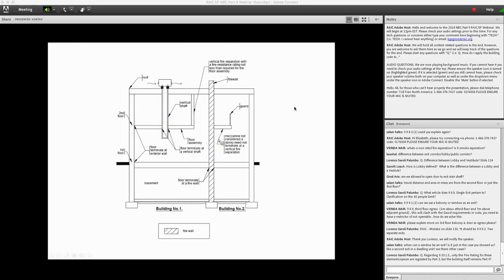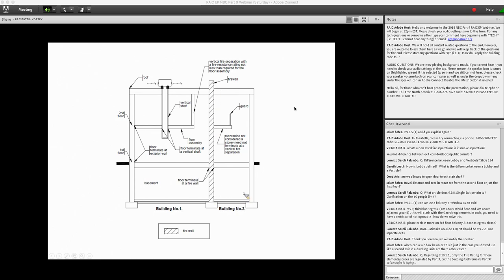And what do we need? So this is an illustration of this requirement. This is a 2-story building. We have the basement, the first floor, and the second floor. Portions of the basement terminate at a firewall or a vertical fire separation with a fire resistance rating.